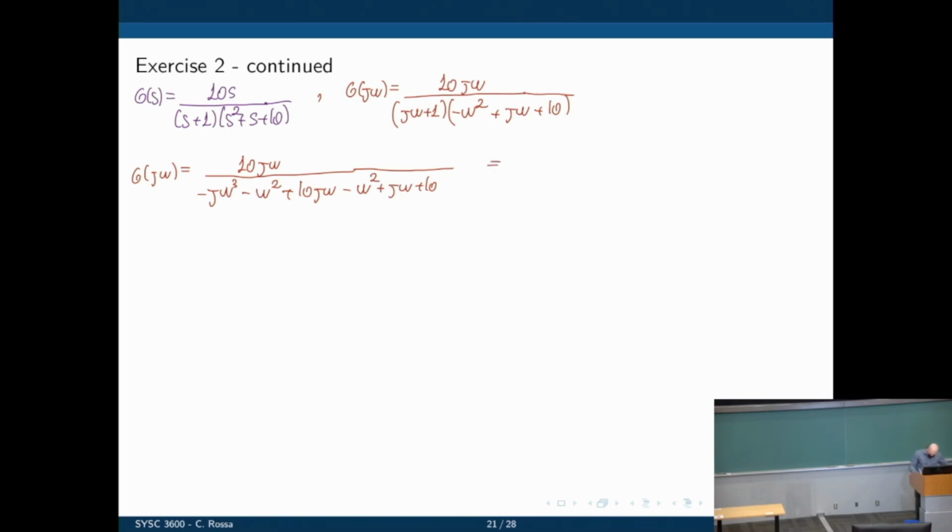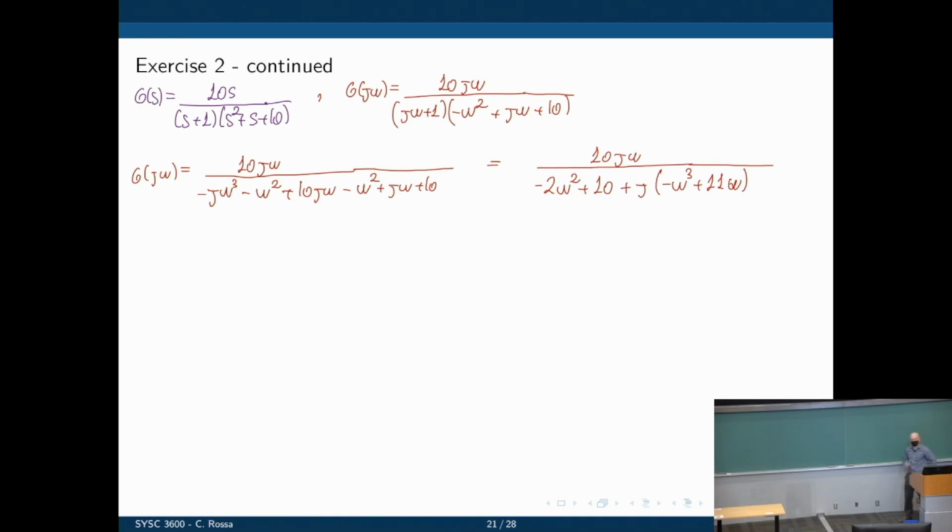And this can be simplified to 10 j omega divided by what? Let me put the real parts here and the imaginary parts. So you have negative 2 omega squared plus 10, and then plus j times negative omega to the power of 3 plus 11 omega.